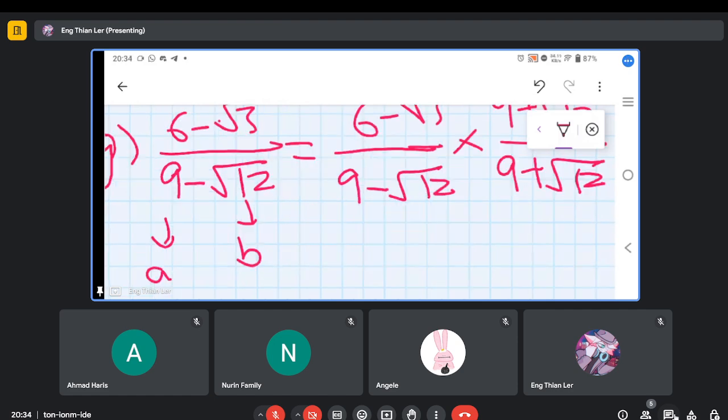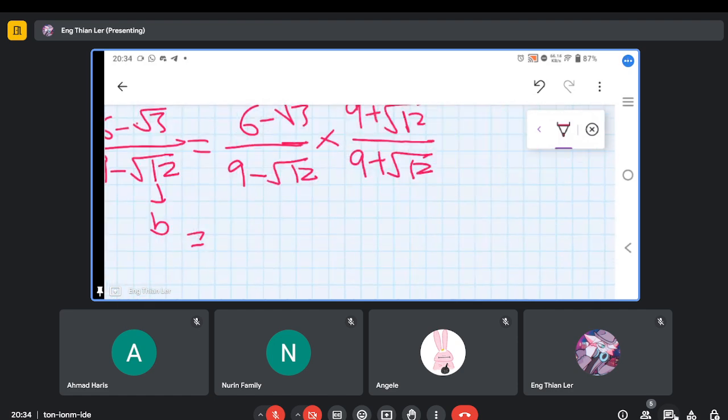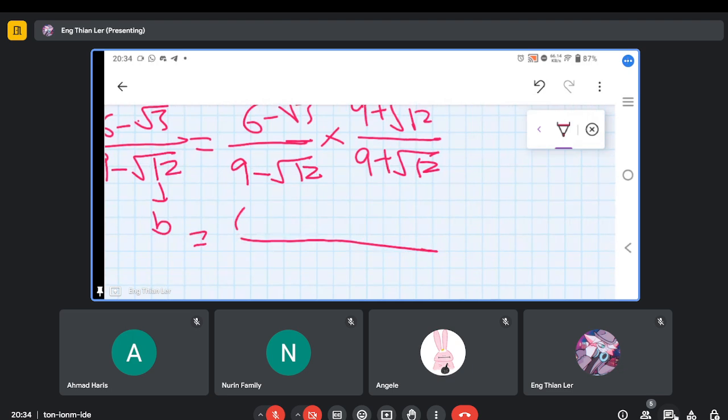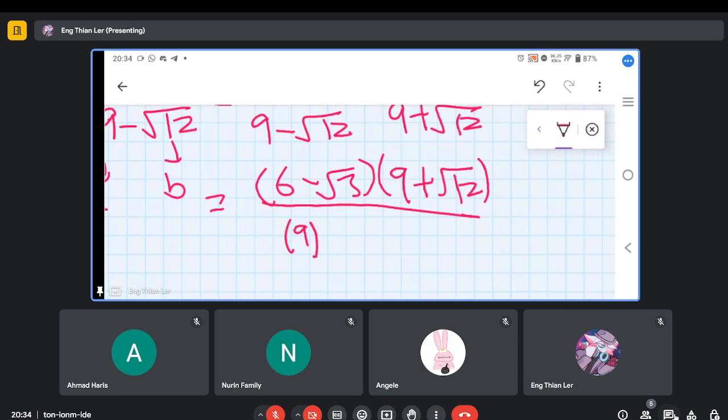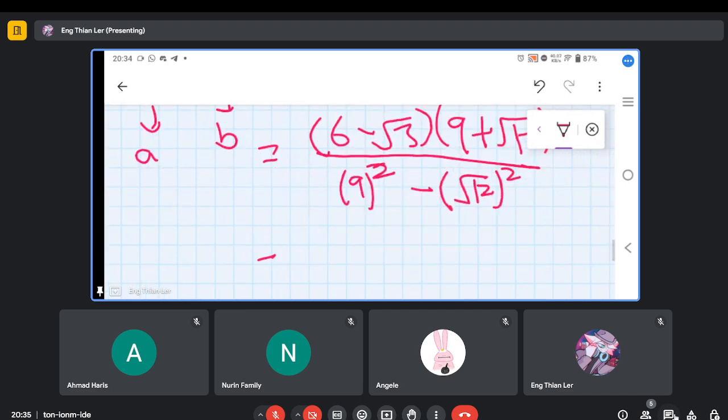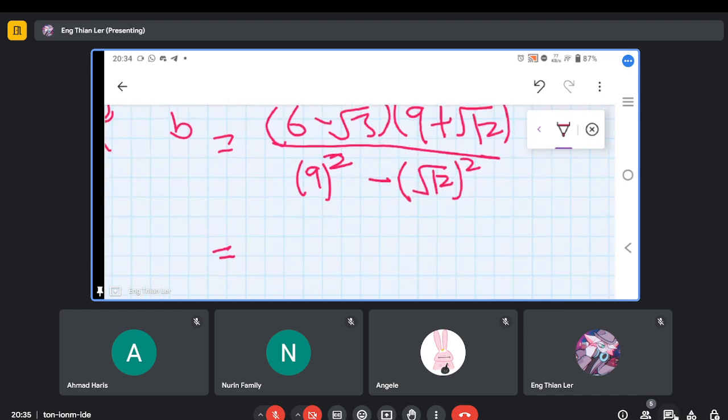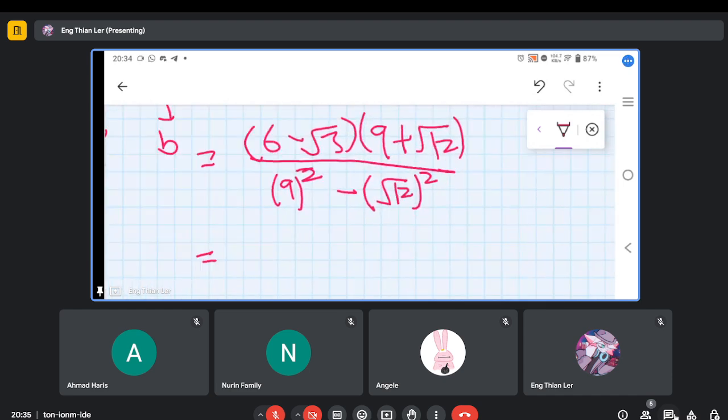And this becomes 6 minus sub 3 multiplied by 9 plus sub 12. And the bottom is 9 square minus square root of 12 square. So now we're going to expand the upper part. 6 times 9 is 54.